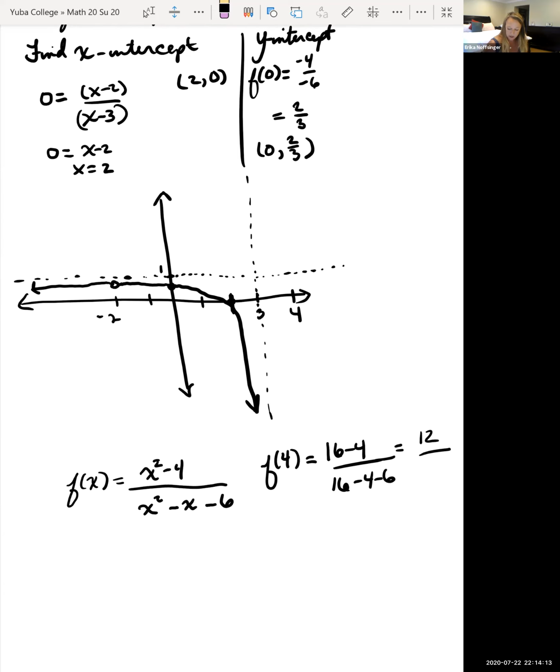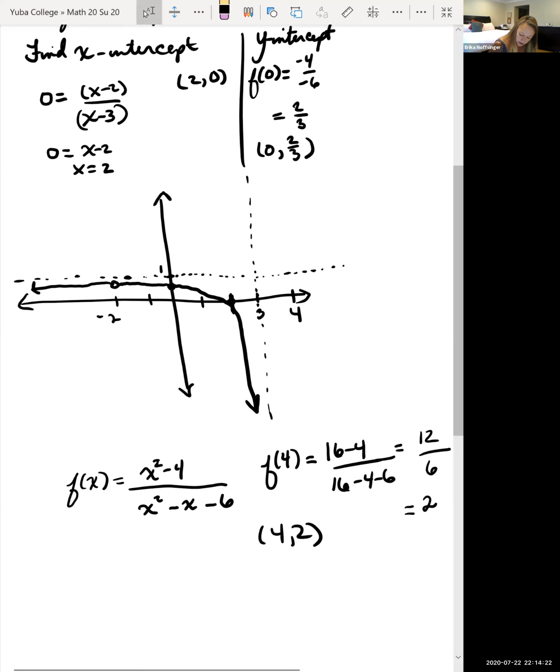So this would be 2. So we know I have a point at (4, 2). Going over to 4 and up 2. So it's just like I said, I think it's going to be above here, and I can tell with where the asymptotes are that it looks like this.